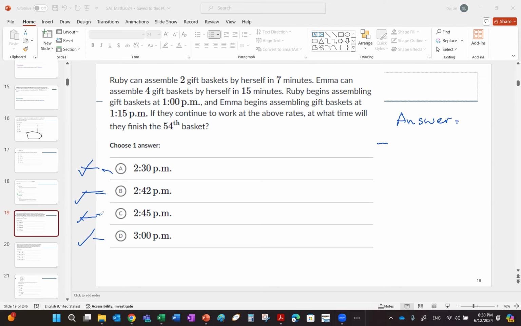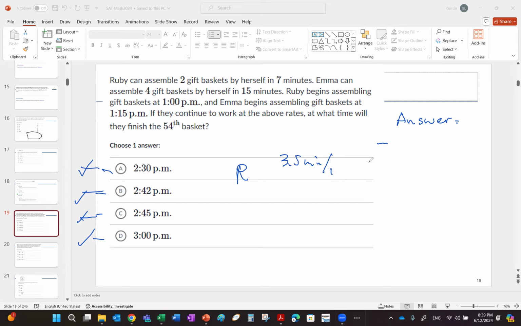So let's do this one together. We try to figure out what's happening. First, Ruby can assemble 2 gifts in 7 minutes. So each one takes about 3.5 minutes to get a gift.